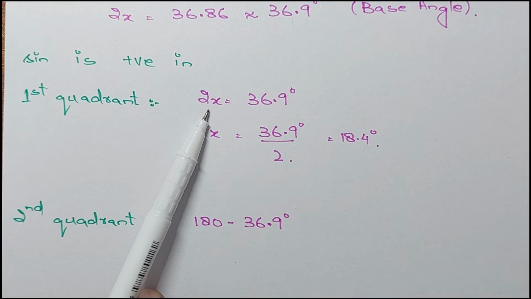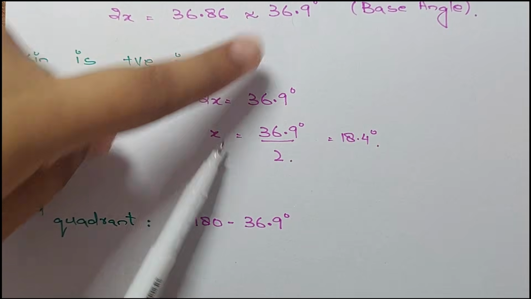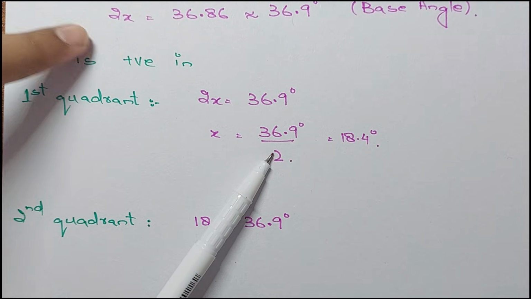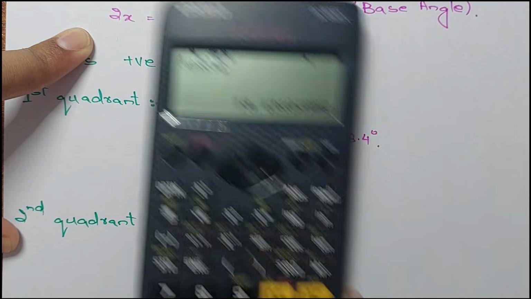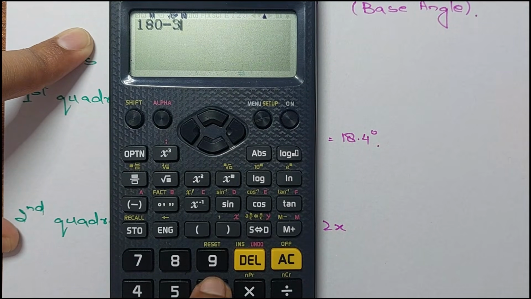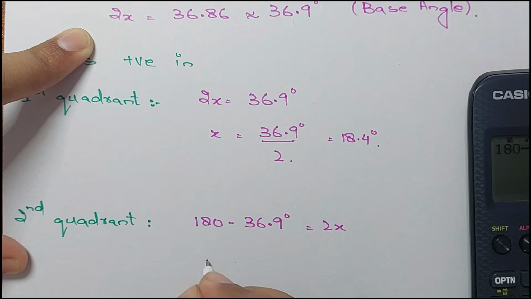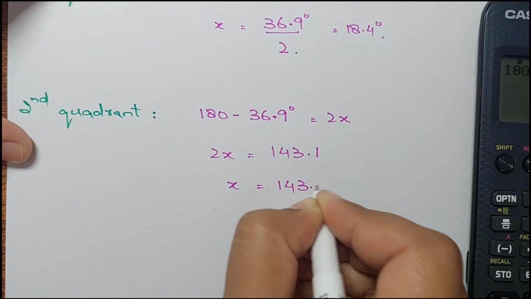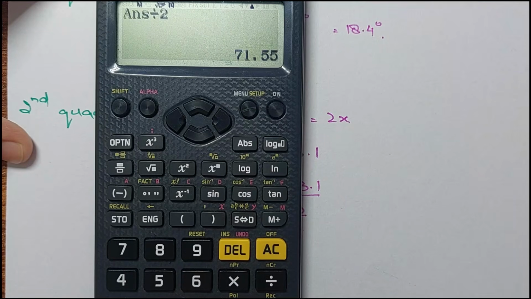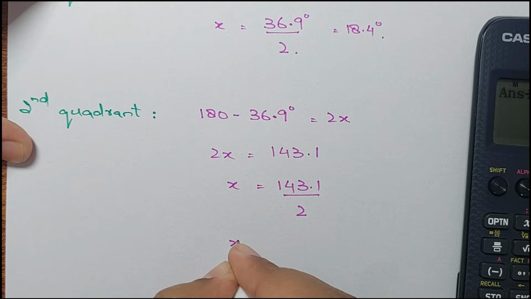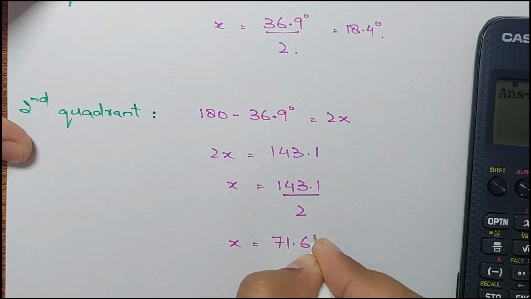So for the first quadrant, 2x equals the base angle, and for the second quadrant, 2x equals 180 minus the base angle. So 180 degrees minus 36.9 is 143.1. So 2x equals 143.1, and x equals 143.1 divided by 2, which is 71.55, or x equals 71.6 degrees.